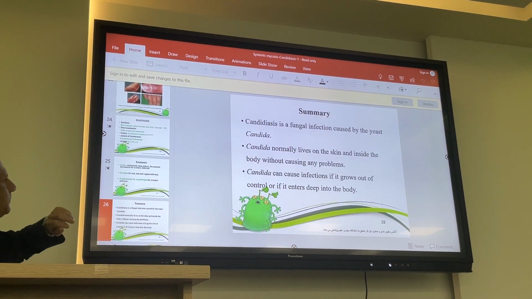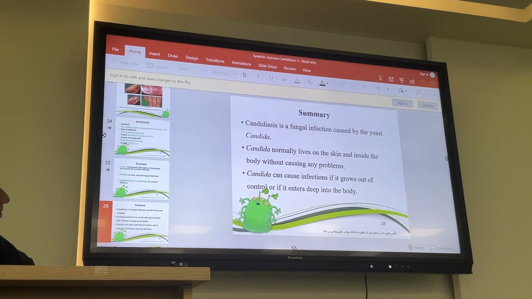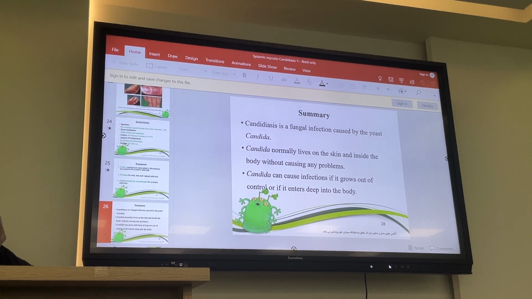In summary, candidiasis is a fungal infection caused by the yeast Candida, especially Candida albicans.